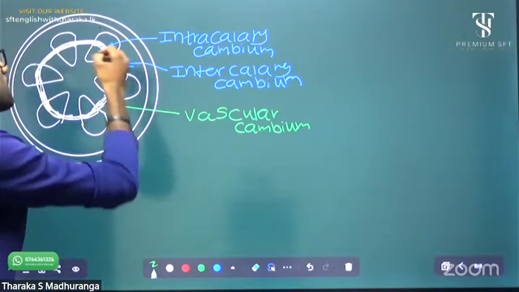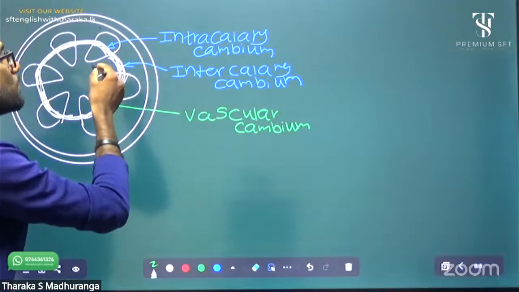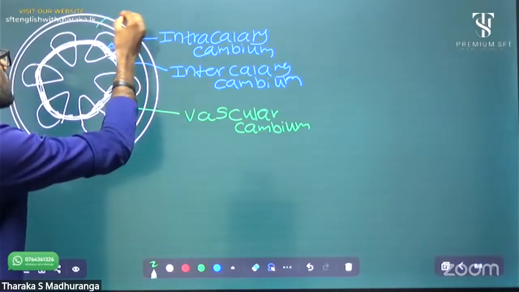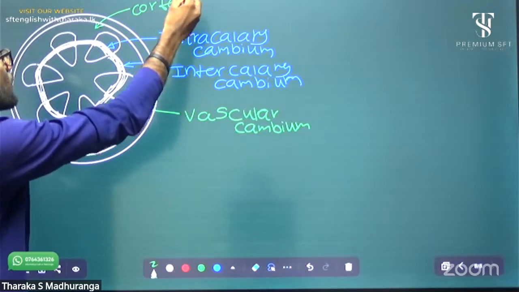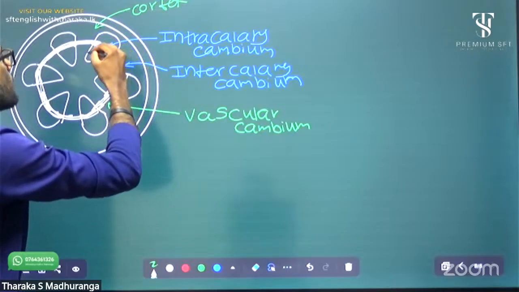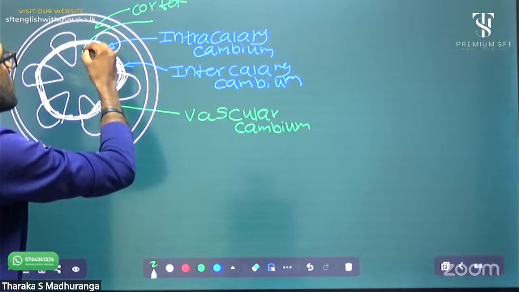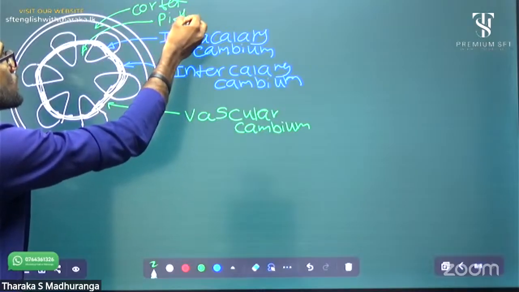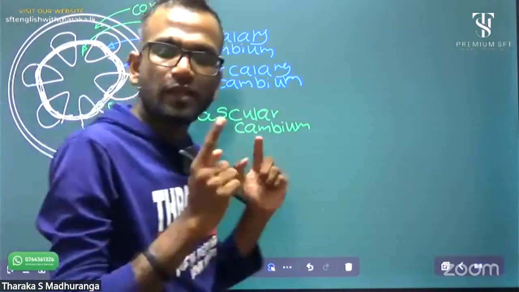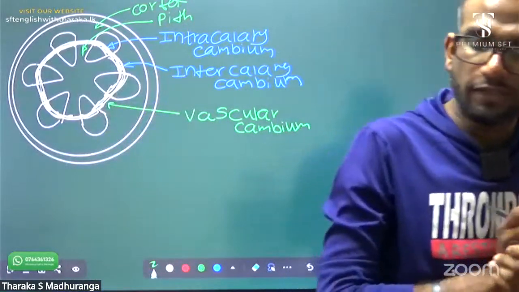And inside this vascular cambium, that's why the pith and cortex are separate. Inside the vascular cambium is the pith, clearly separated, no? Pith and cortex are now very clearly separated.